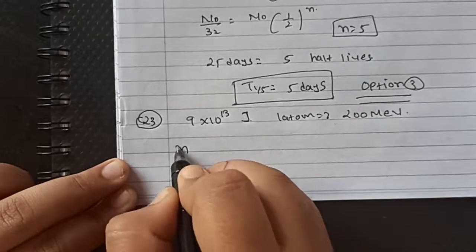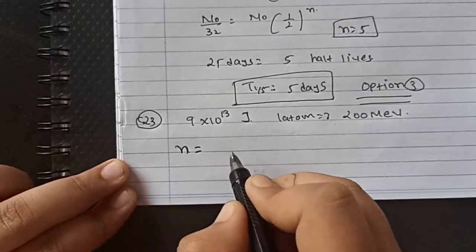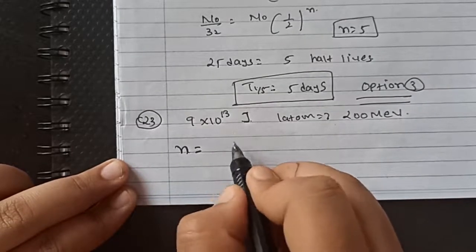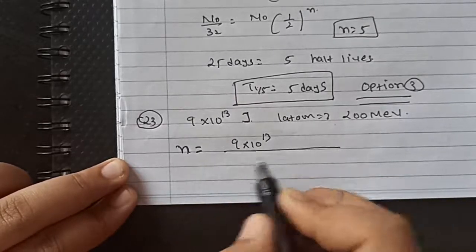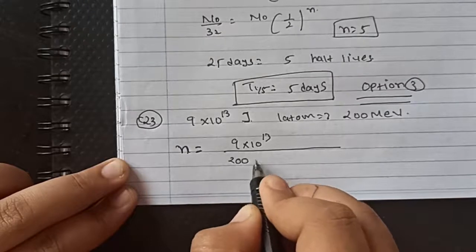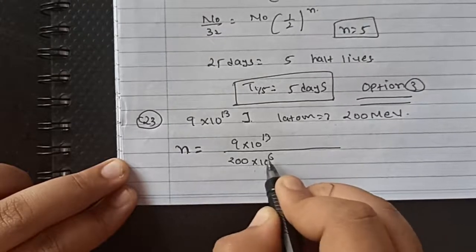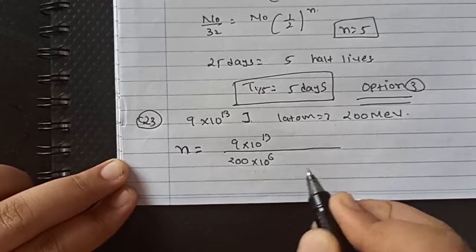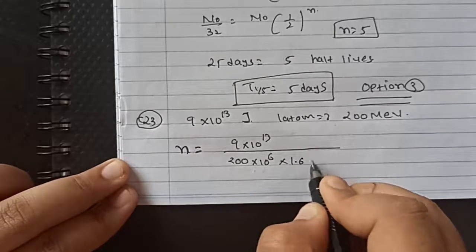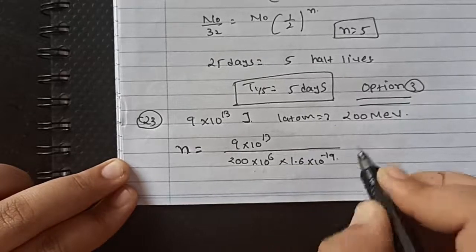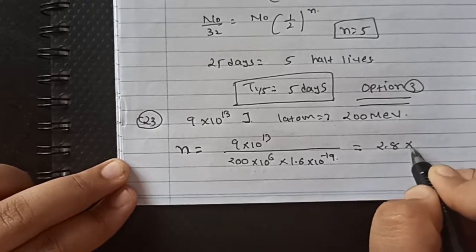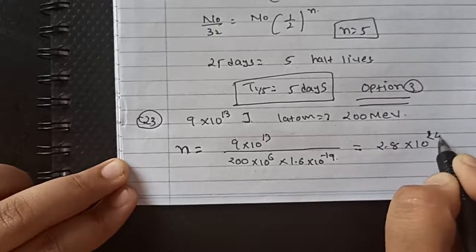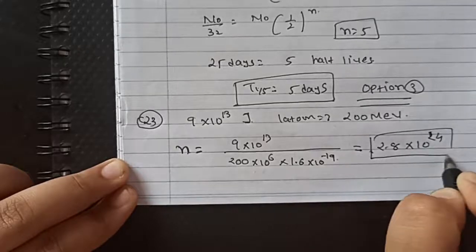So number of nuclei that should undergo the fission to get 9 into 10 power 13 joule energy is divided by 200 into 10 power 6, converting this mega electron volt into joule, into 1.6 into 10 power minus 19. Simplify this, we will get approximate answer 2.8 into 10 power 24.